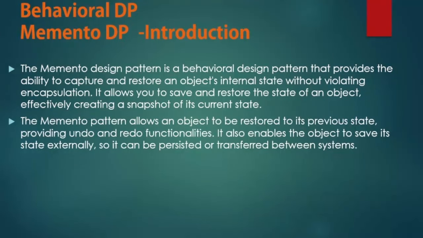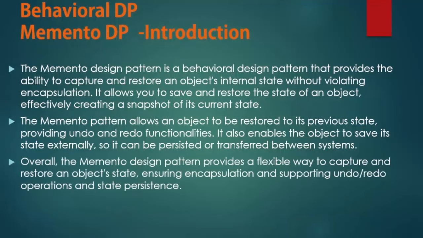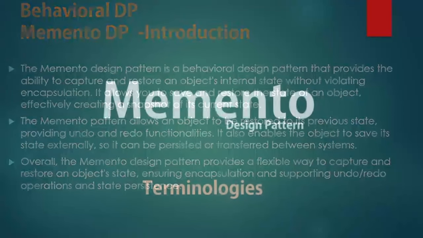The Memento pattern allows an object to be restored to its previous state, providing undo and redo functionalities. It also enables the object to save its state externally, so it can be persisted or transferred between systems. Overall, the Memento design pattern provides a flexible way to capture and restore an object state, ensuring encapsulation and supporting undo and redo operation and state persistence.